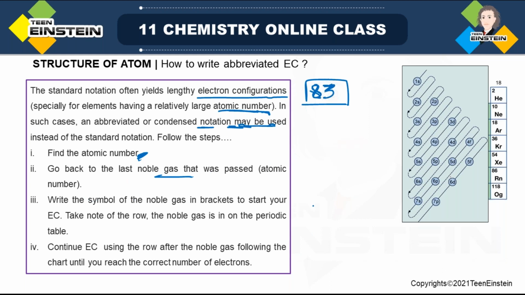So when you write abbreviated EC, you have to know all the noble gases. That is why on the right hand side you can see all the noble gases are written. Helium is from the second period, then neon, argon, krypton, xenon, radon.